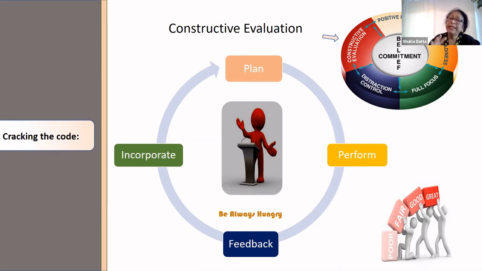Then incorporate that feedback in whatever you are doing. It's a speech, incorporate the feedback. It's a project, incorporate. It's a musical performance, incorporate. Whatever you are doing, incorporate that constructive evaluation, and then give the next plan for the next performance. Again, plan, perform, feedback, incorporate.